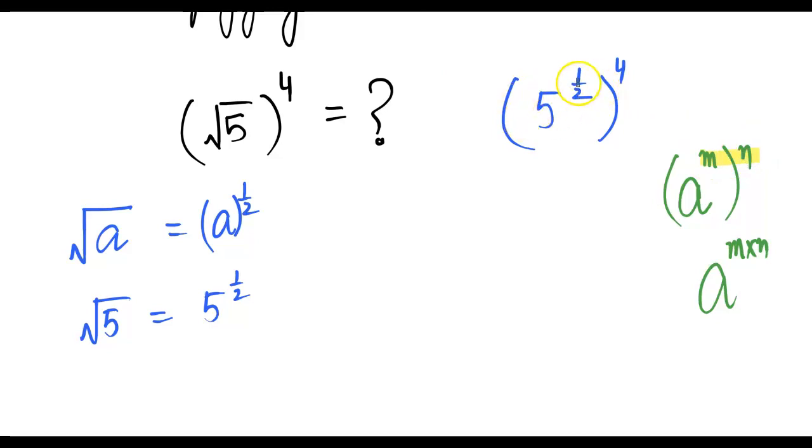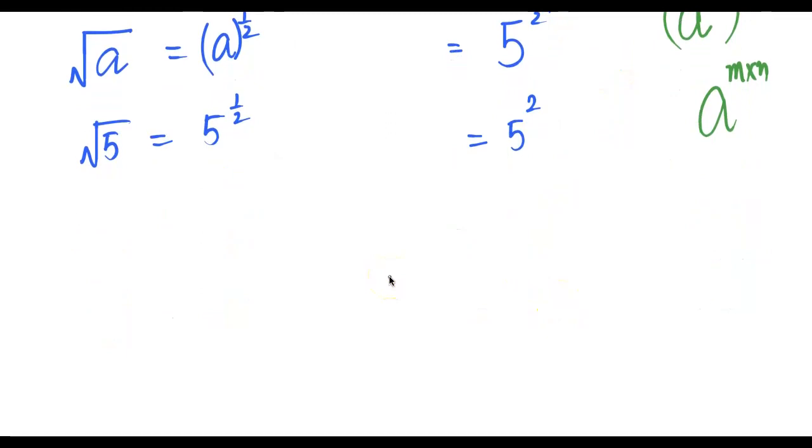If we follow the same thing over here, we write 5 to the power half times 4, right? So that could be written as 5 to the power 2, because half of 4 is nothing but 2. Hope that makes sense.